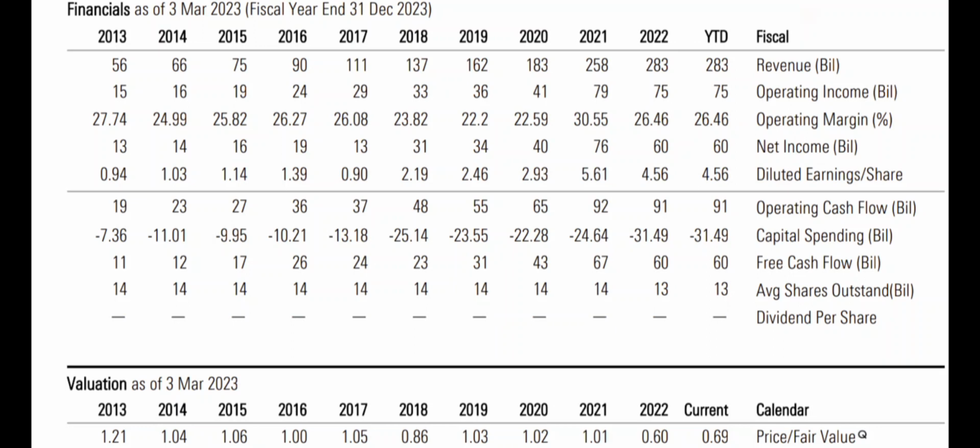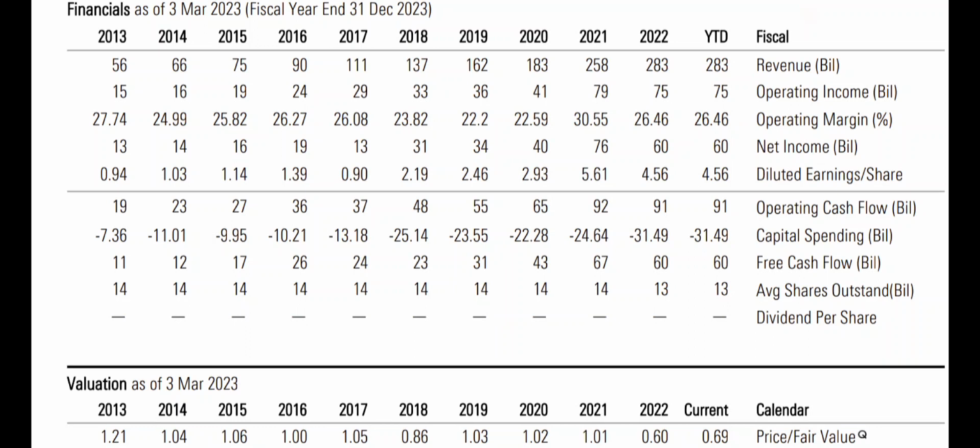So on average we know that their sales is more than 10%, which passes our criteria, at least 10% on sales, on net income or earnings per share and cash flow.